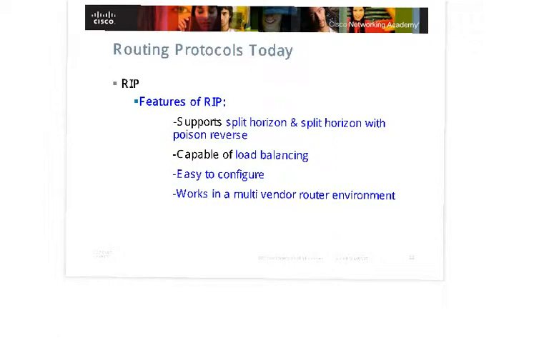RIP is easy to configure because, as we said, RIP has a very simple implementation based on the distance and the direction of the vector. Because of the simplicity of the implementation, it's very easy to configure, and it works in a multi-vendor router environment, which means that RIP is actually a standardized protocol.